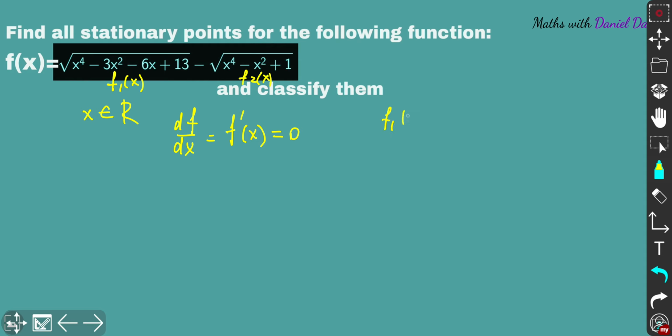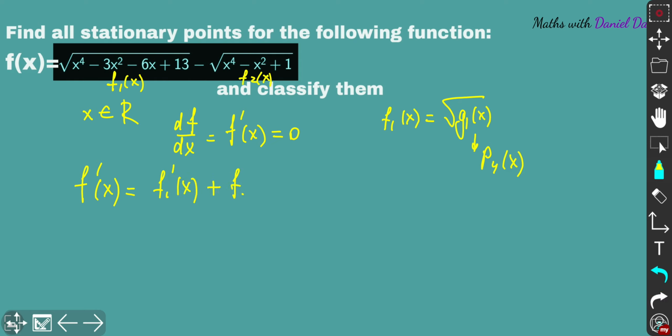Then f prime from x is simply f1 prime from x plus f2 prime from x.